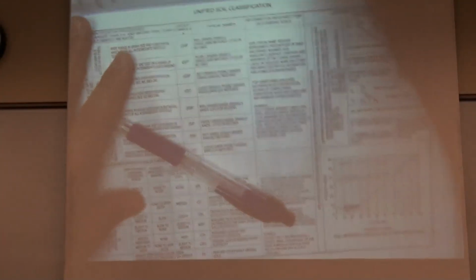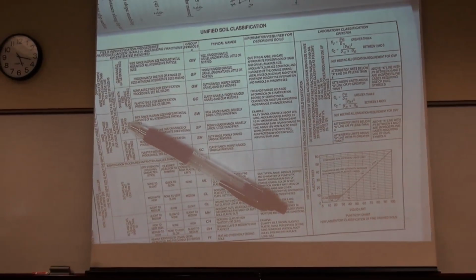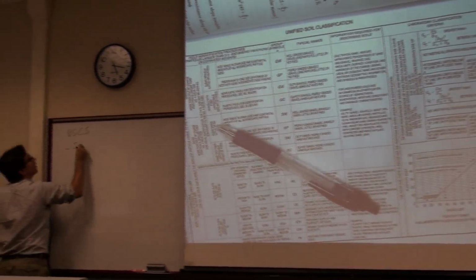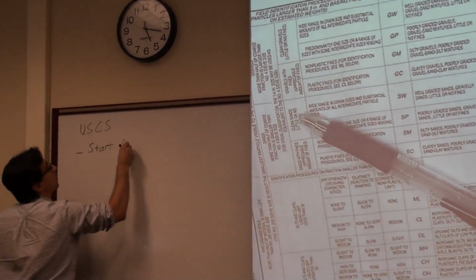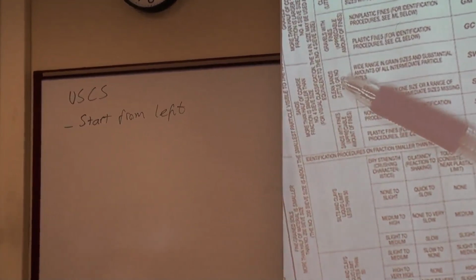And then, for example, if it's coarse grain, I'm going to write it down, for USCS. Start from the left.